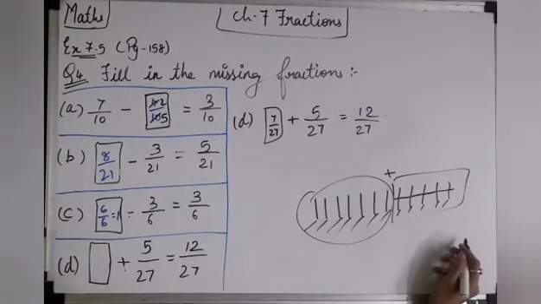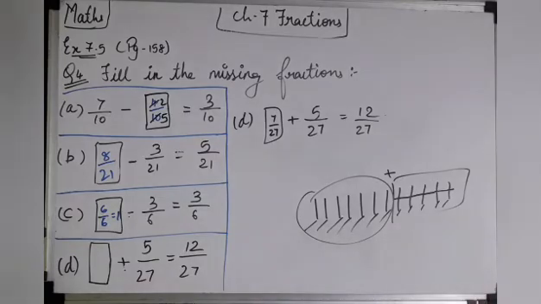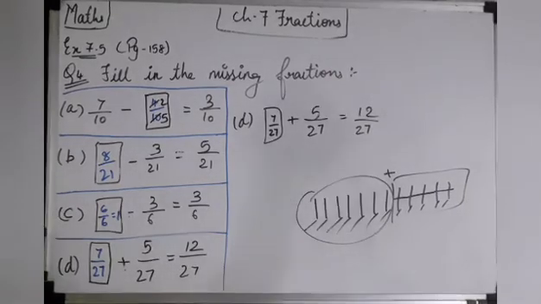Right? It is quite tricky, but it is easy if you understand. Okay, we'll fill this blank. We got the answer 7 upon 27. Okay. Moving to the next question. Question number 5.